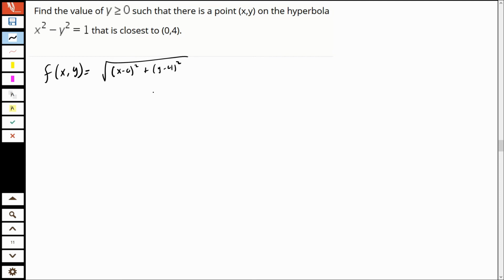Okay, so we want to minimize this given the constraint that g(x, y) is equal to x squared minus y squared. So the constraint is that g(x, y) equals 1. Okay, so we're going to use the Lagrange multiplier method, which, if you remember, means that we introduce an additional variable.